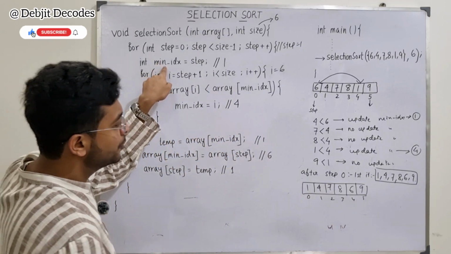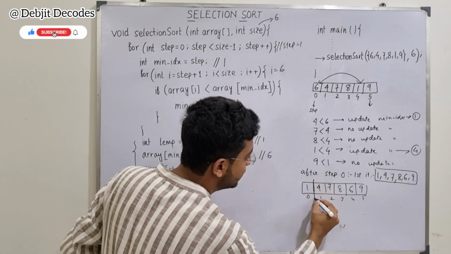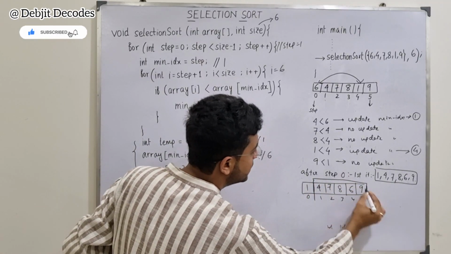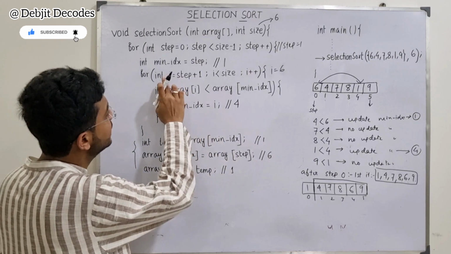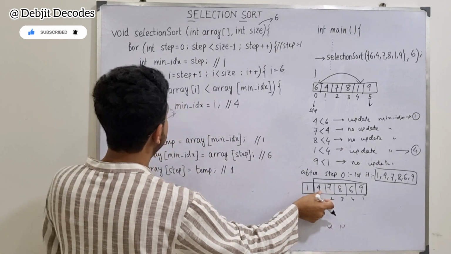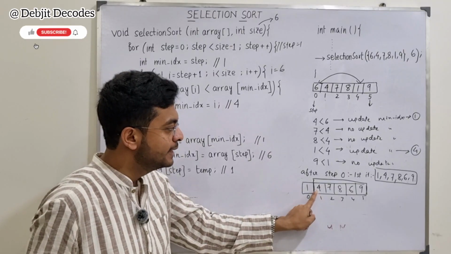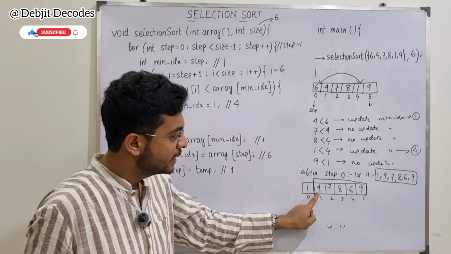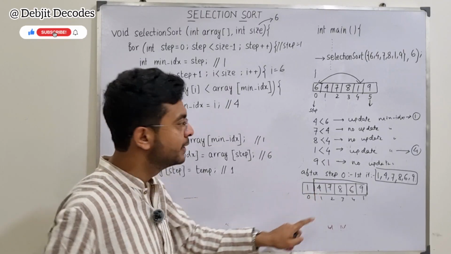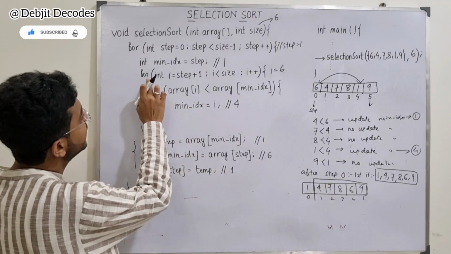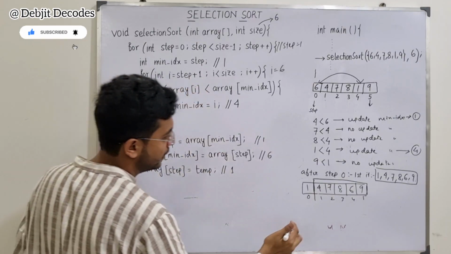So now we have this particular part of the array to consider. Again in the same way, it is assuming that 4 is the minimum, step is 1 and this is the min index, that is, 4 is the value present at that min index. Now what is it doing? For int i equals step plus 1. So what is step?